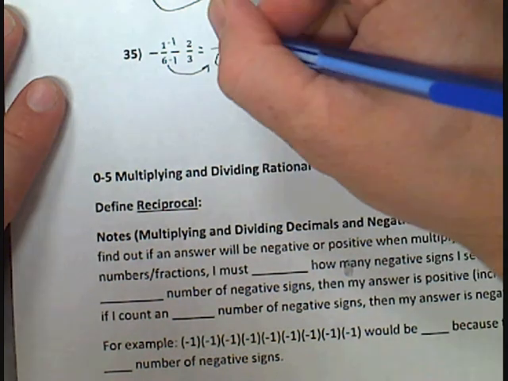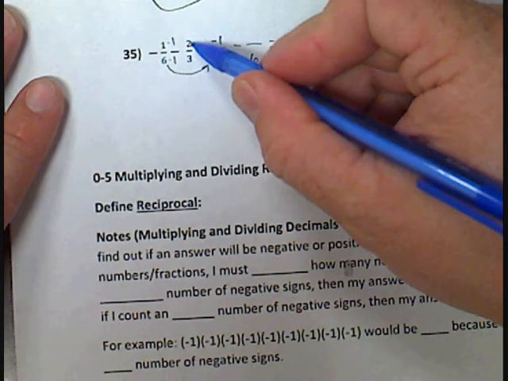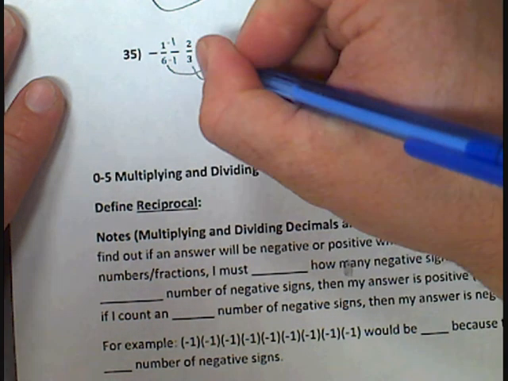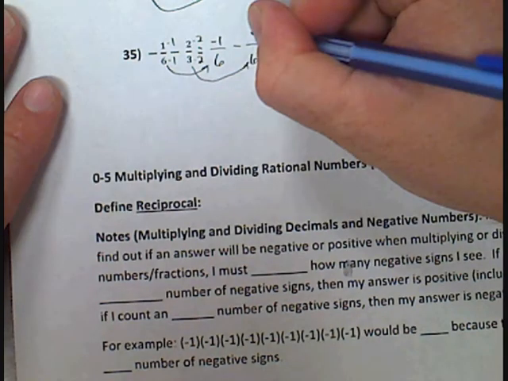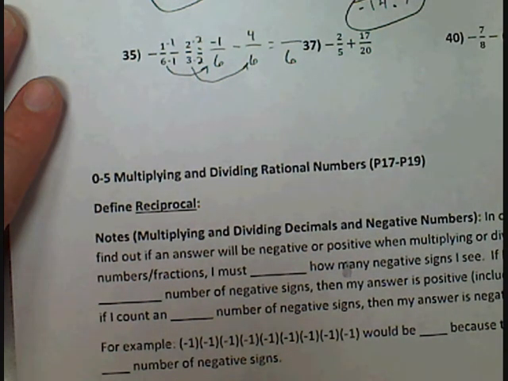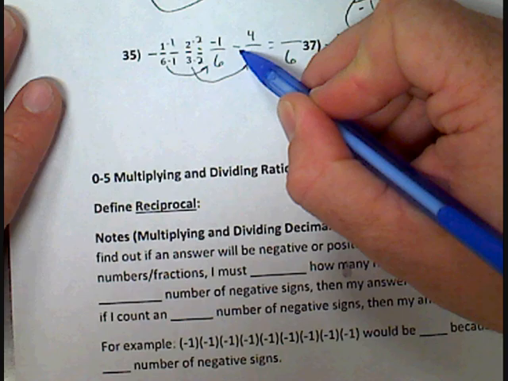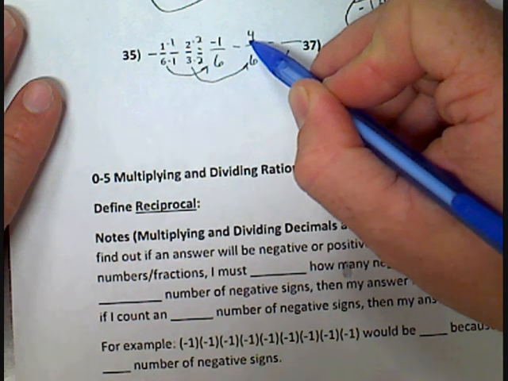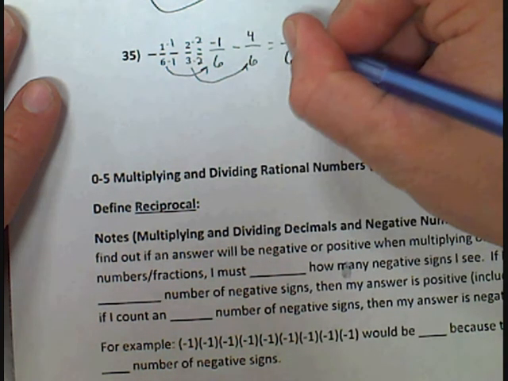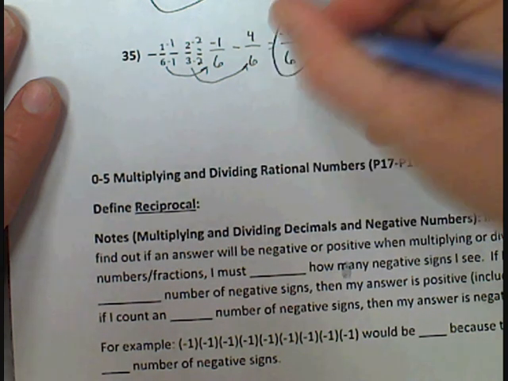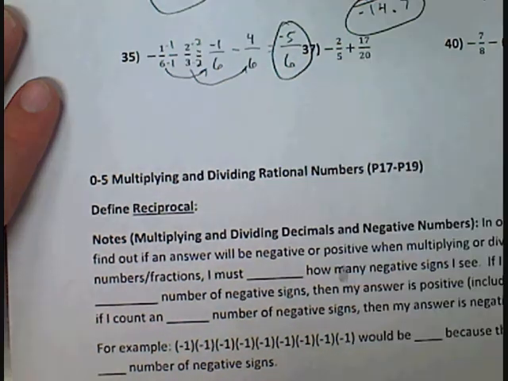Negative 1 times 1 is negative 1. How did I get from 3 to 6? Times 2. So 2 times 2 would be 4. Debt 1, take away 4. That means I'm more negative. 1 plus 4 is 5, and I'm negative. So that's negative 5. Same signs, add and keep.